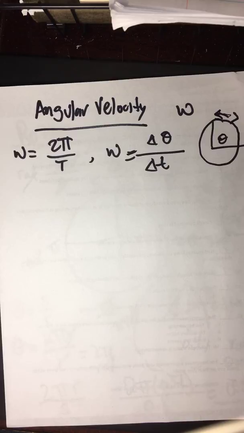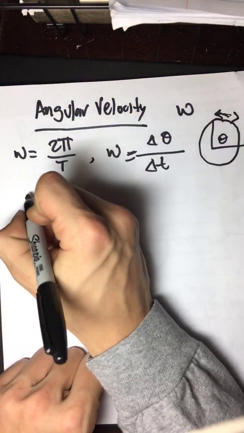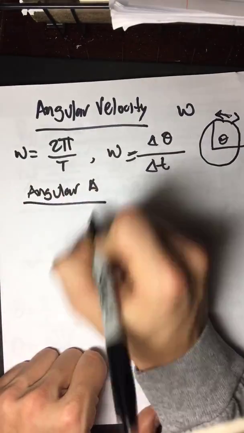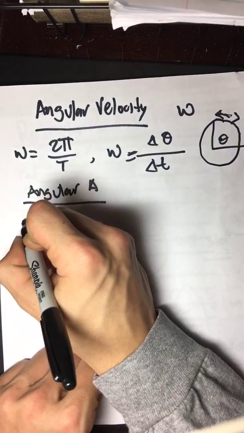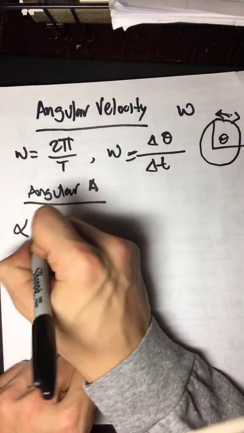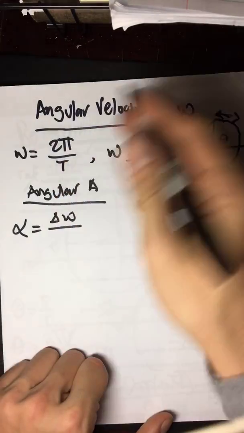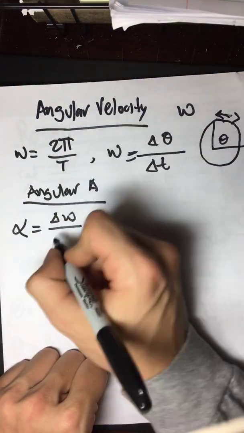We could also generate another equation, which is lovely. We could generate angular acceleration, okay? So this is angular velocity, and we could generate angular acceleration, and that's written as alpha, the alpha symbol. Most people write it as our change in our angular velocity over our change in time.